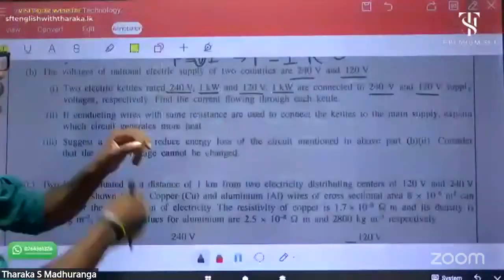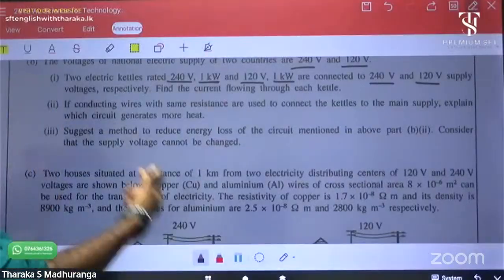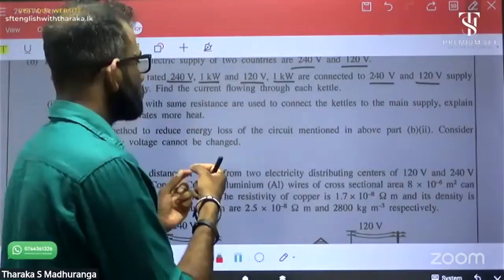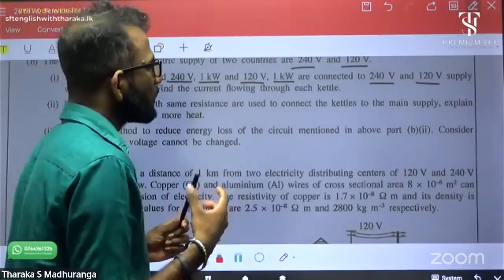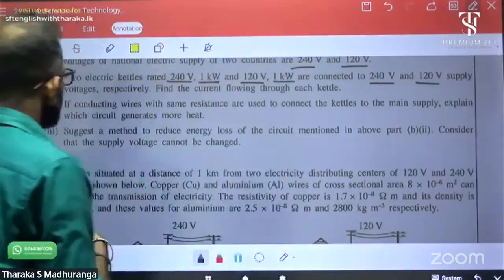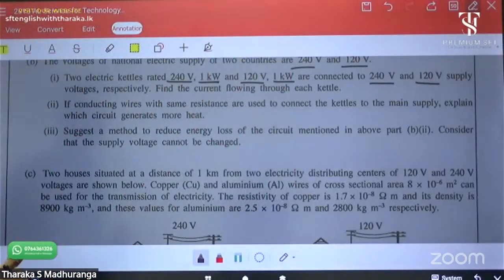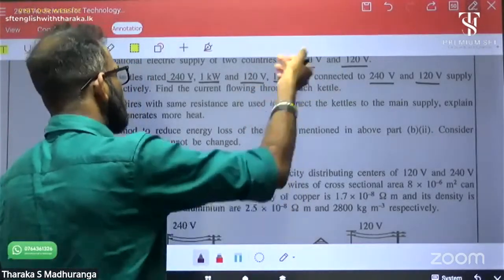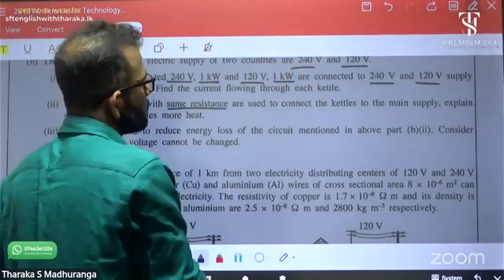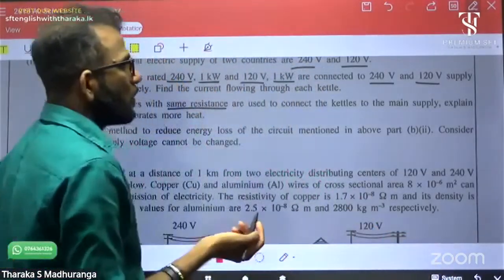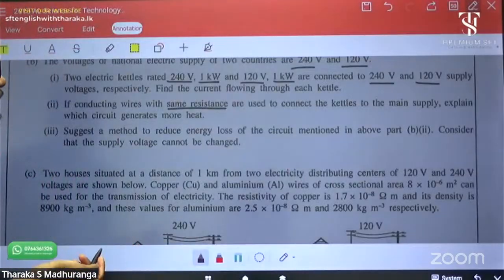All right, let's move into question number 2. If conducting wires with the same resistance are used to connect the kettles to the main supply, that means the voltage supply wires have the same resistance.